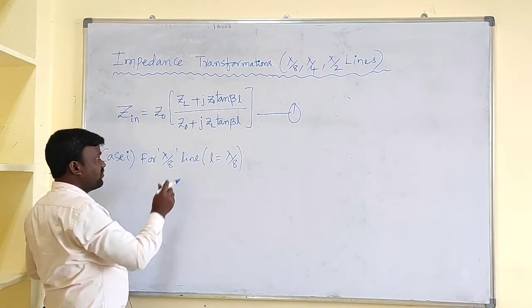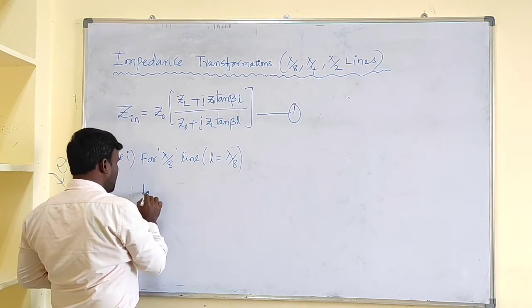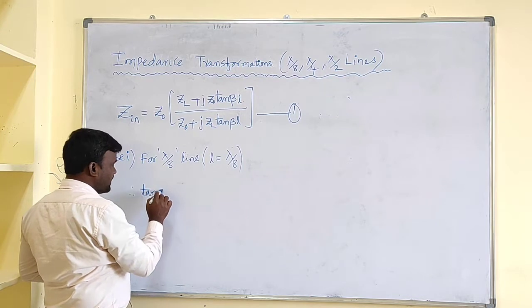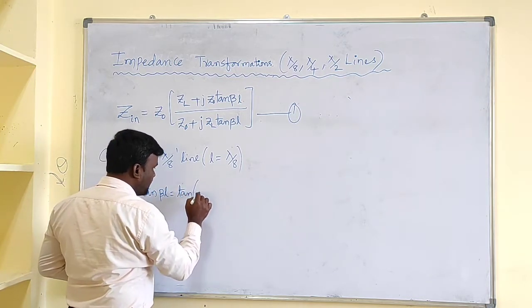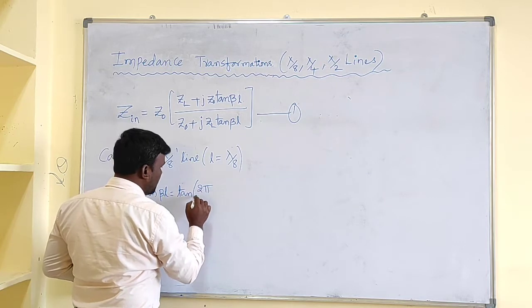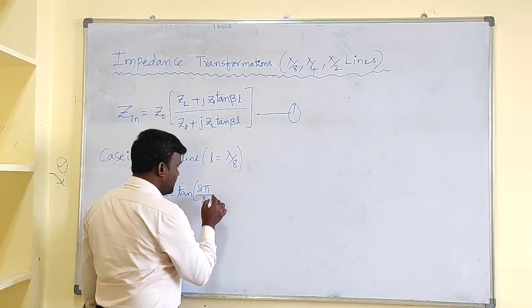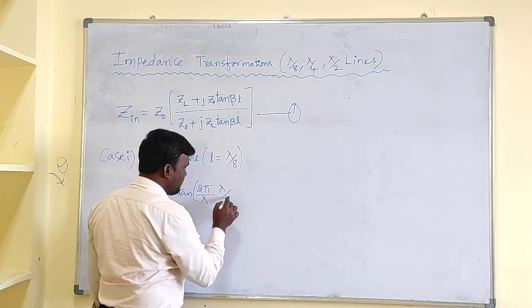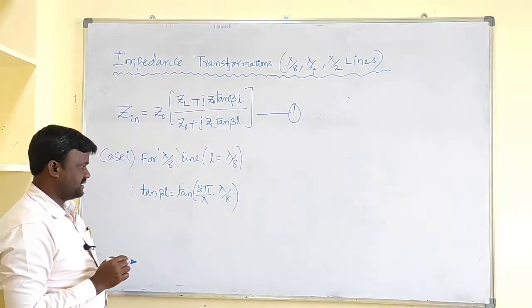First find tan beta L. We know that beta is 2 pi by lambda, and the length for the lambda by 8 line is L equal to lambda by 8.